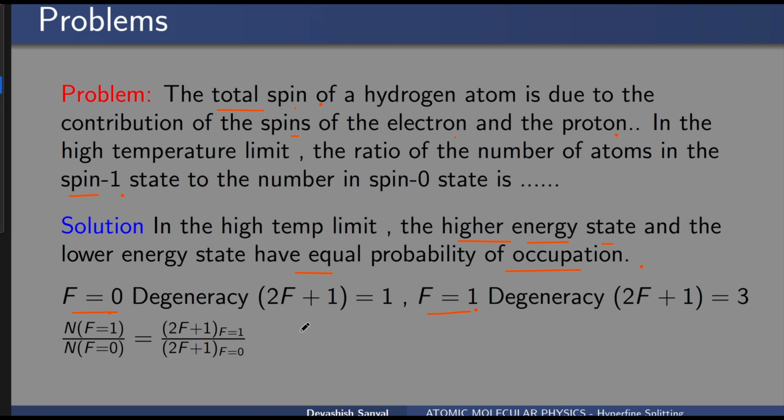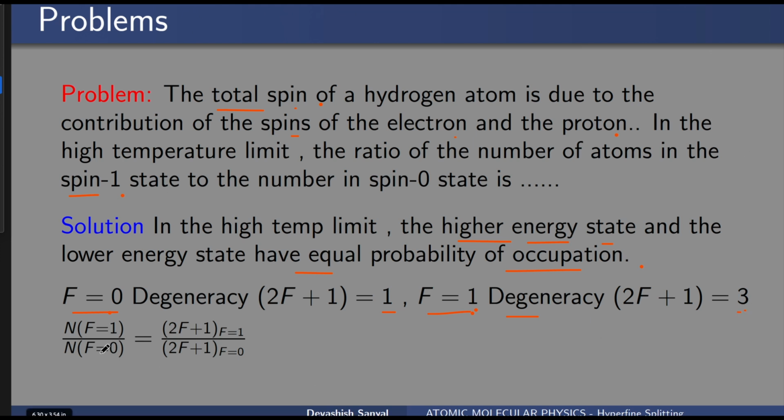When F is equal to 0, the degeneracy is 1. That is, corresponding to F is equal to 0, there can be only one state. While when F is equal to 1, the degeneracy is 3. Here degeneracy is 3.